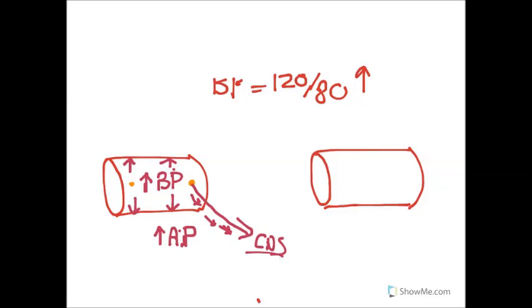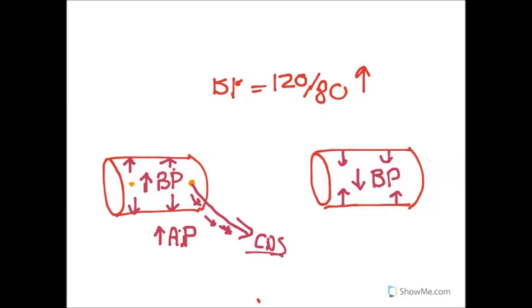Now, vice versa, if we have the opposite happening here, where in this blood vessel we see a decreased blood pressure, and this blood pressure were to drop inside this blood vessel, then the amount of stretching definitely will decrease, and this blood vessel will not be stretched outwards, and it's going to be more relaxed.